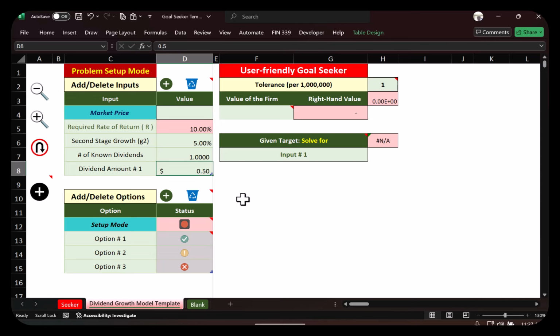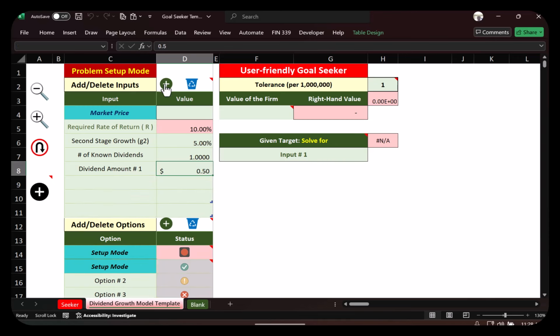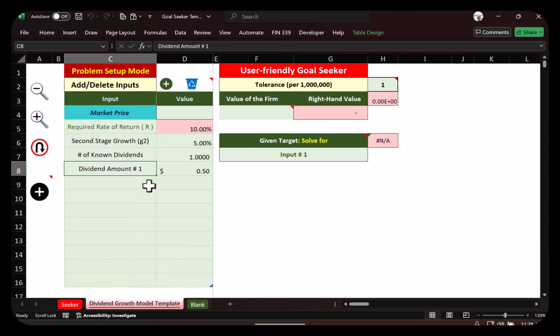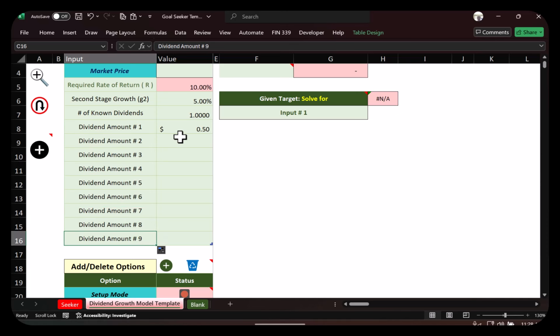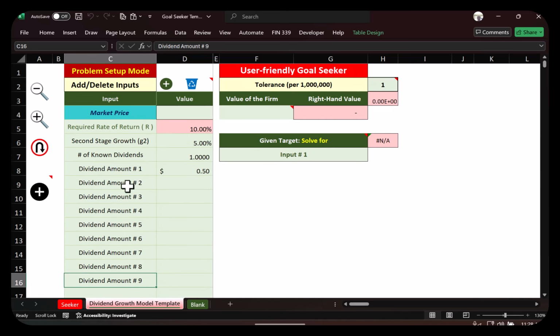Now, if you have more than one known dividends, you need to add inputs. I'm gonna add enough so that I can have up to 10. If you need more, you can add more. Okay, add one more.